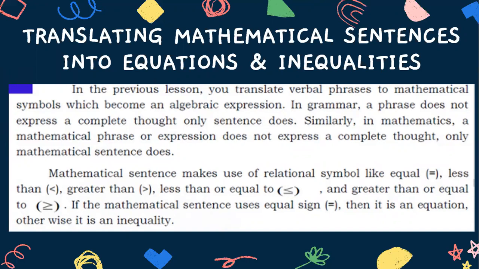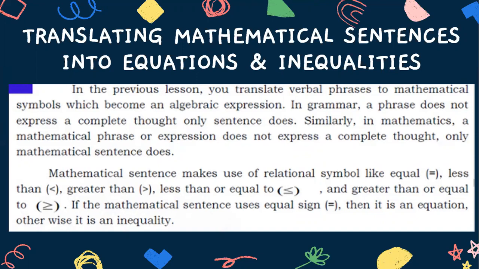So in English, a phrase does not express a complete thought, only the sentence does. Similarly, in mathematics, a mathematical phrase or expression does not express a complete thought. Only a mathematical sentence does. So, makukumpleto lang siya kapag meron tayong mathematical sentence.